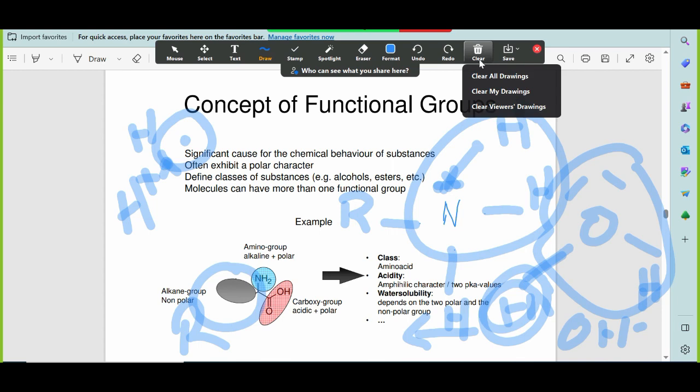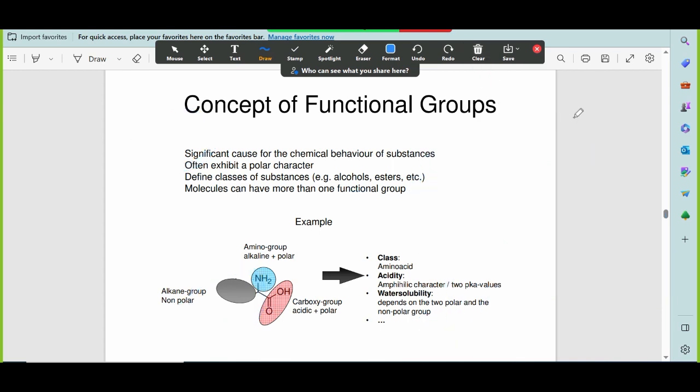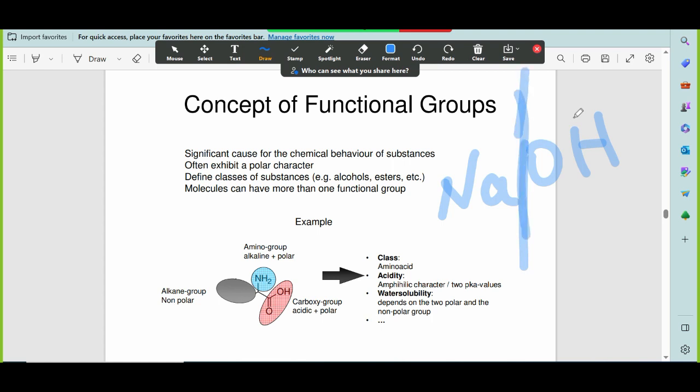The definition of a base is a substance that can favor the concentration of OH minus in water. So if we have, for example, sodium hydroxide, when the bond breaks in water, we get sodium and hydroxide, OH minus, which means the concentration of OH minus is increased in water. That's great. This is a base, and this is very clear.